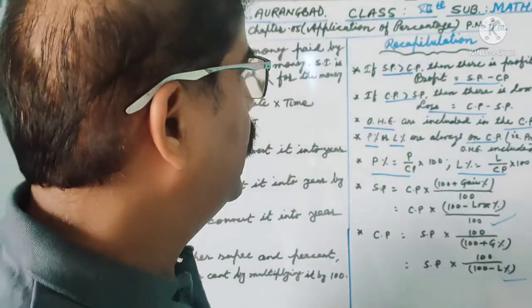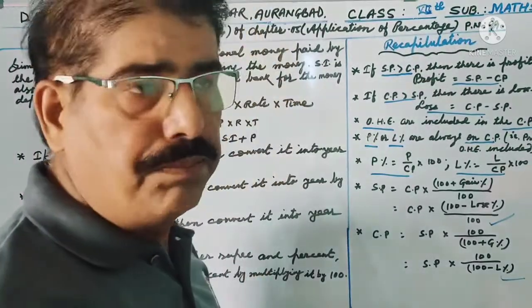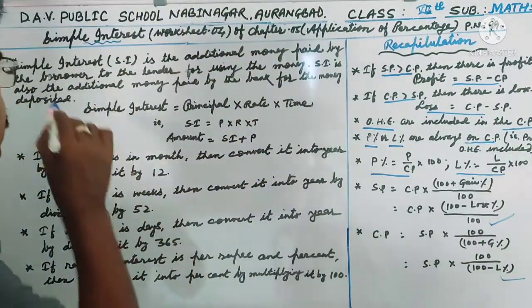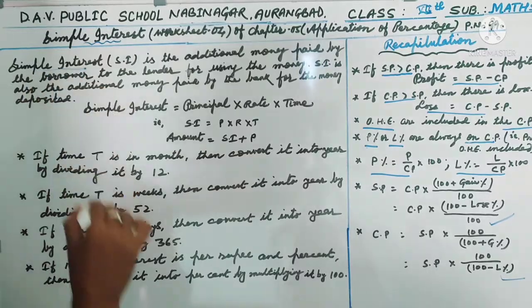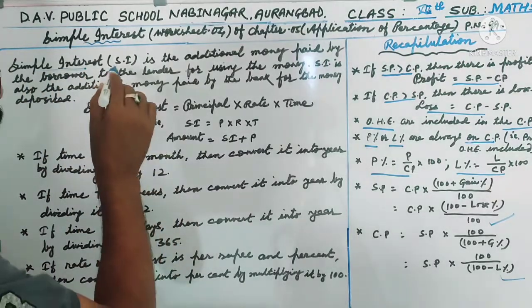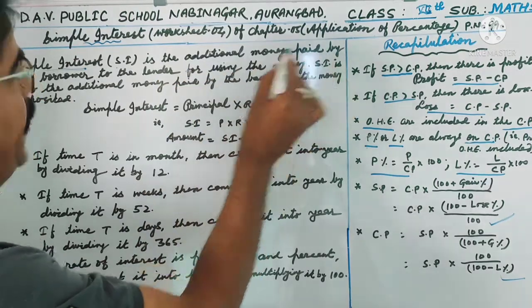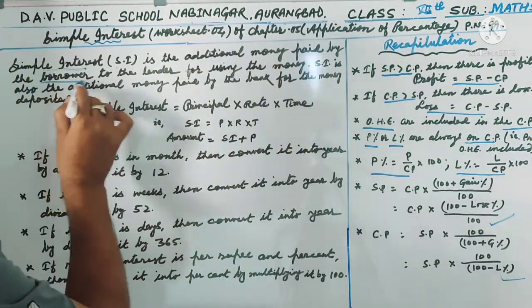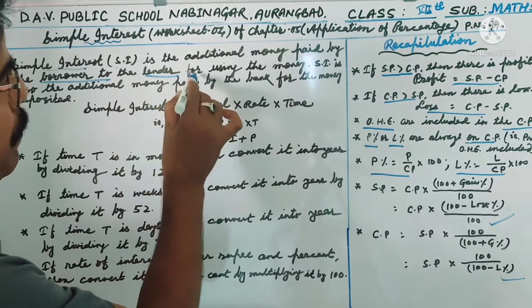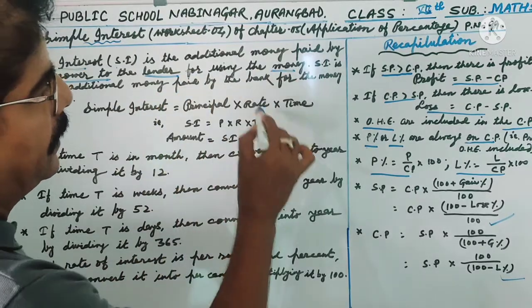Dear students, now we start simple interest. Simple interest, SI, is the additional money paid by the borrower to the lender for using the money.